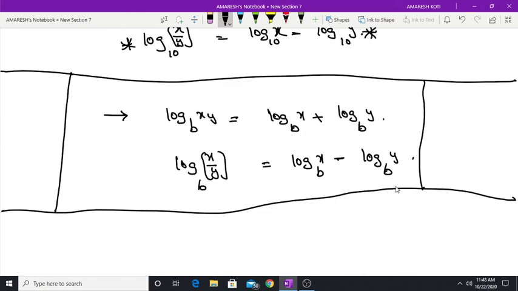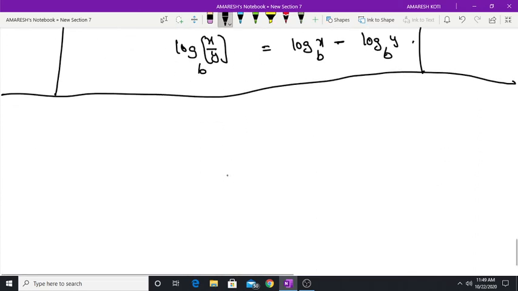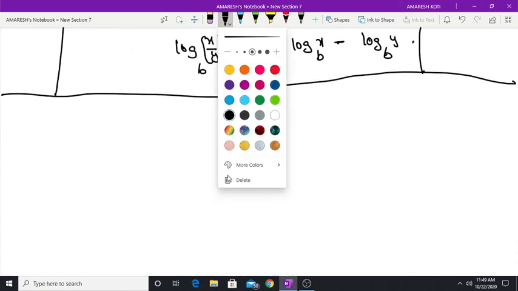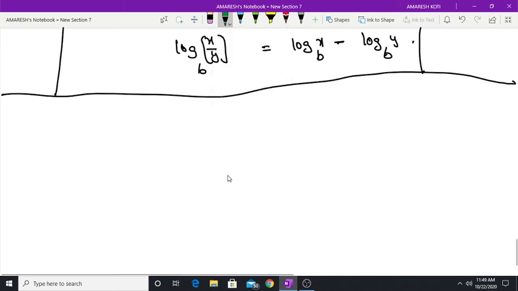Okay. Now let's do page number 20. Do this. So let's change the ink of the pen. Green. Page number 20. Do this.